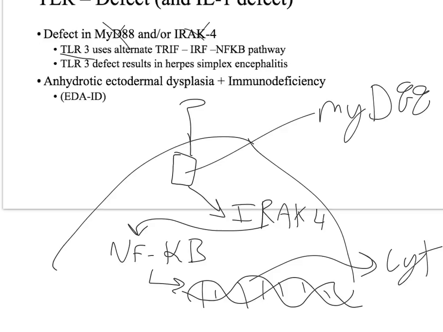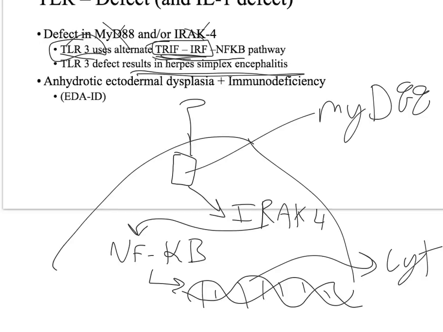You can have a defect in other proteins that will specifically affect TLR3, and those proteins are the TRIF and TRAF pathway to NF-kappa B. So TRIF and TRAF is what TLR3 uses as an alternate signaling to get to NF-kappa B. And whenever you have defects in TRIF and TRAF, you have higher susceptibility to herpes simplex encephalitis.